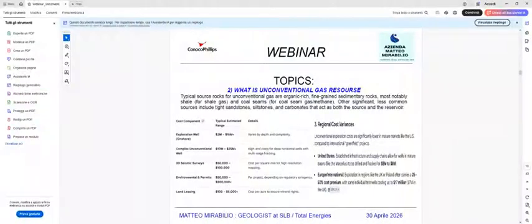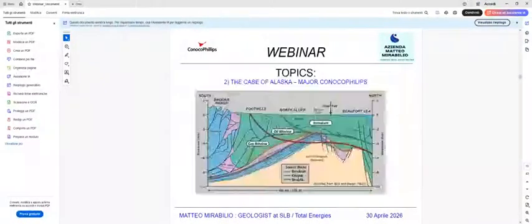It can change much depending on the regional geology and the complexity of projects. We see the typical case that we are working on with ConocoPhillips in Alaska. This is one of the major ConocoPhillips investments.